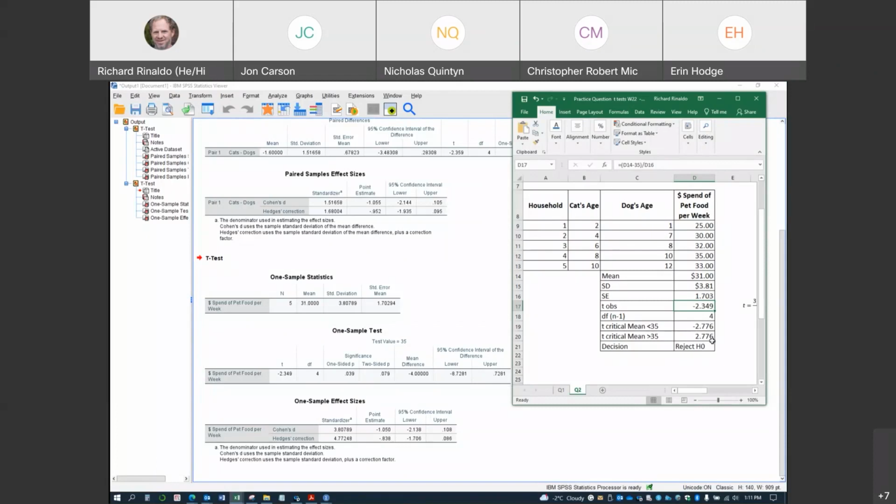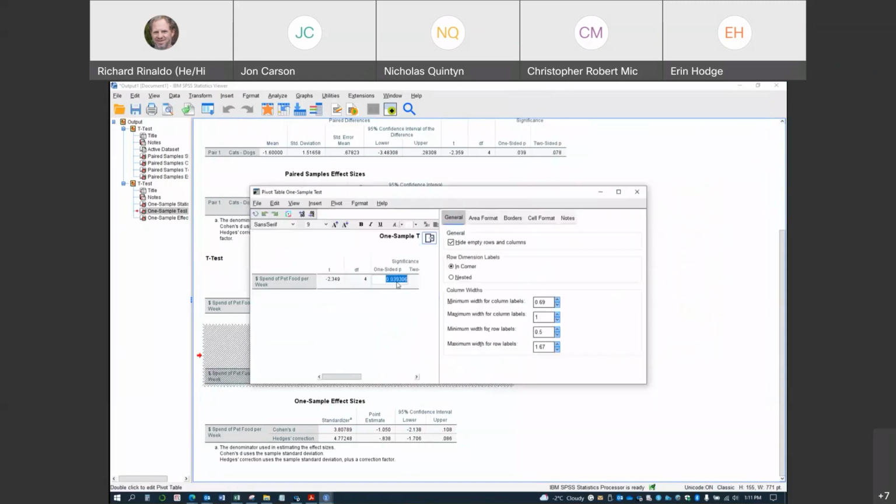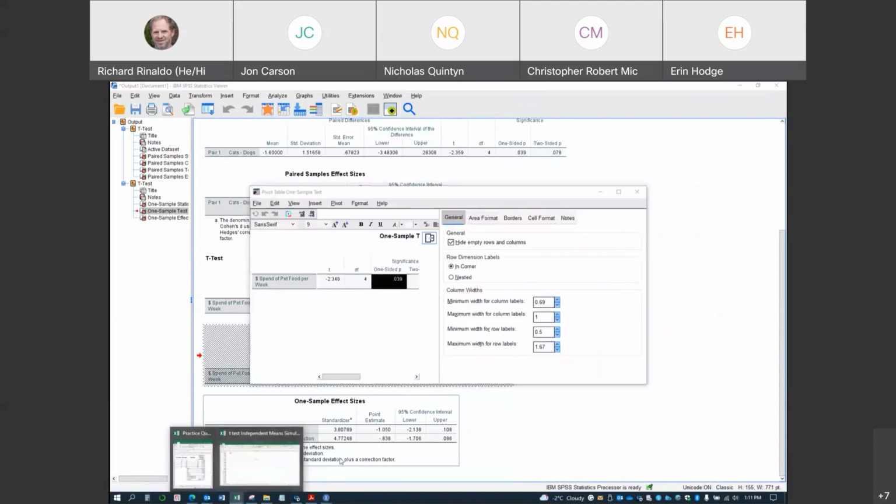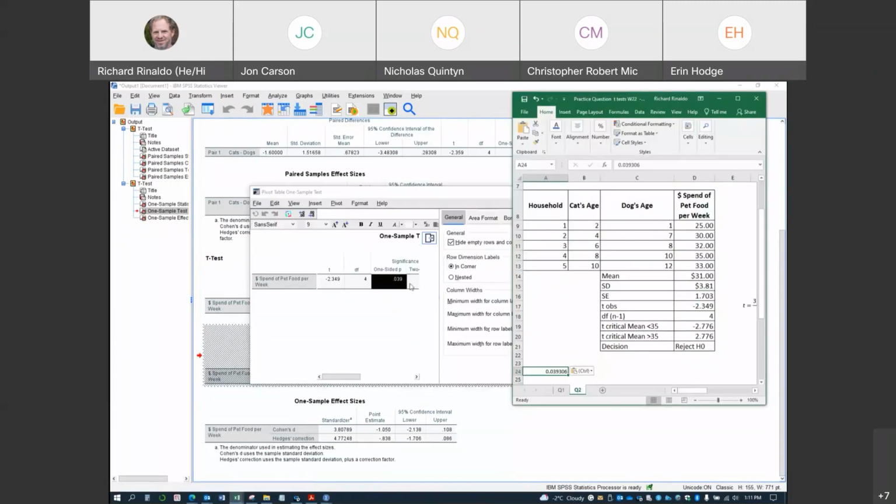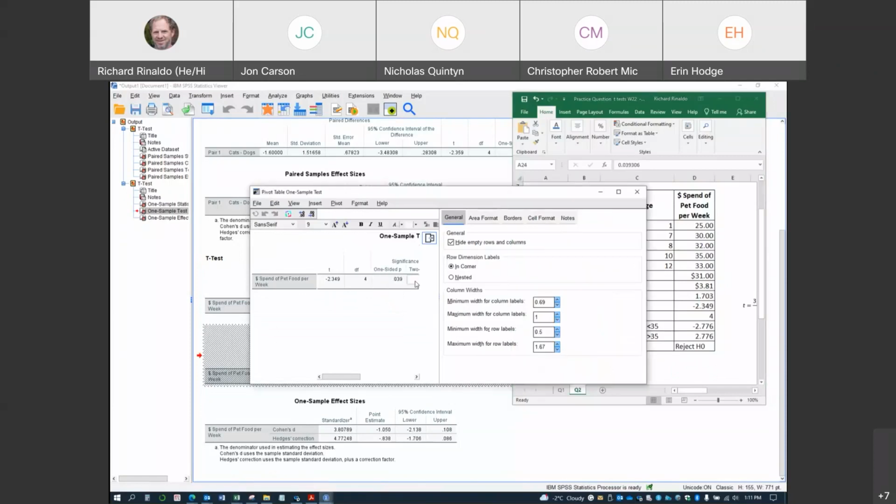Right. So if I take this out, sorry. So this is, I'm just going to throw it here. So this is the SPSS one-tailed. I'll just show, control copy.